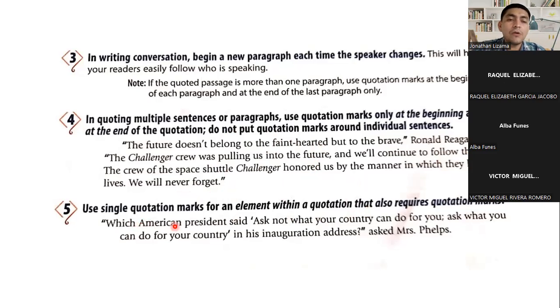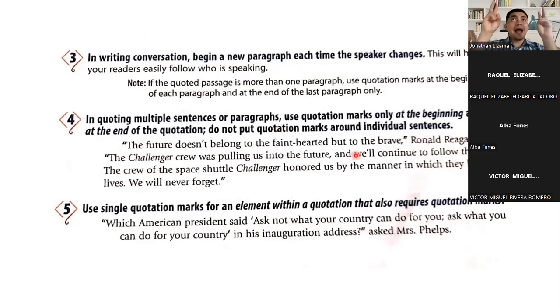Use single quotation marks for an element within a quotation that also requires quotation marks. Which American president said, ask not what your country can do, ask what you can do for your country, in his inauguration address, asked Mrs. Phelps. Si se fijan acá, existen unas comillas que son single quotations.